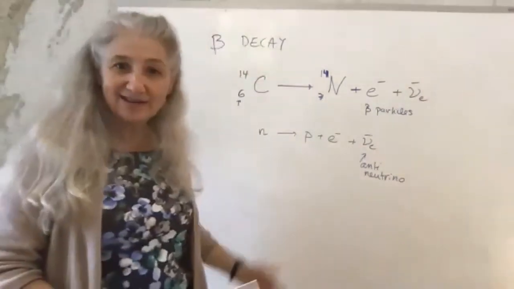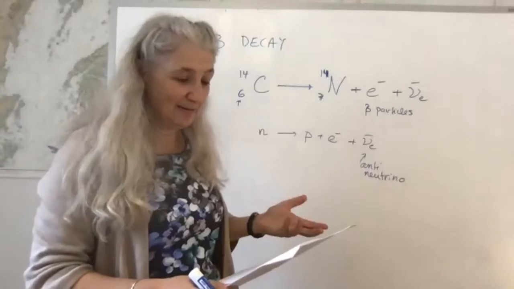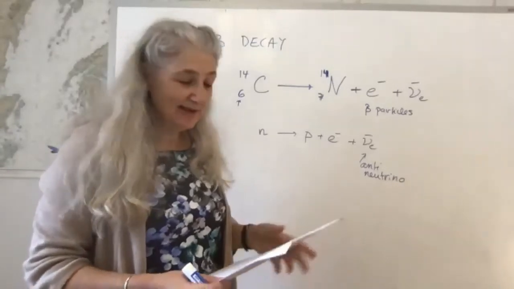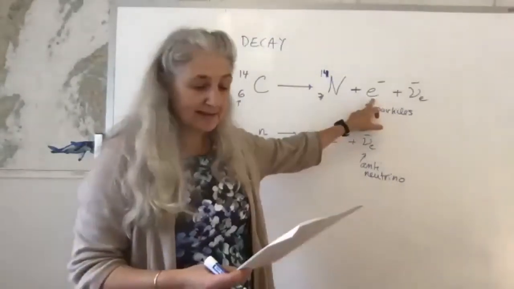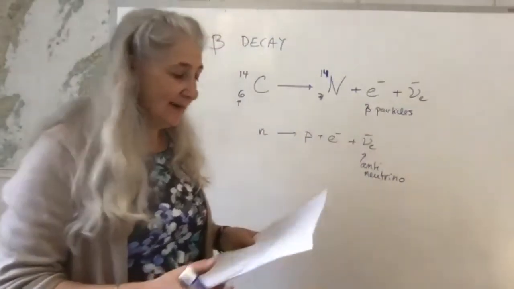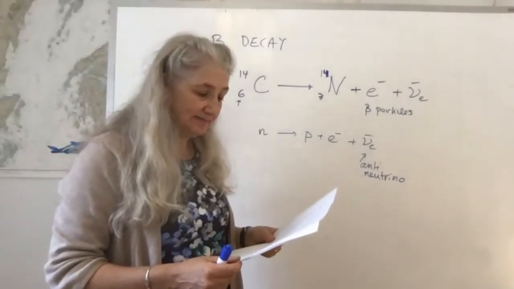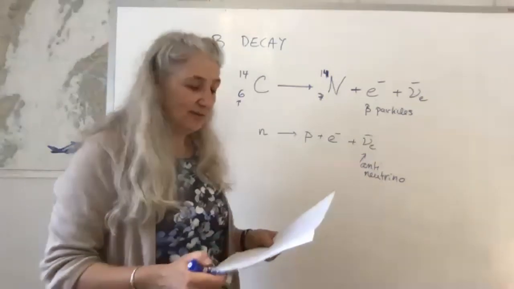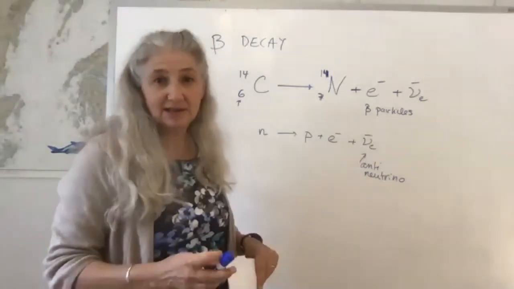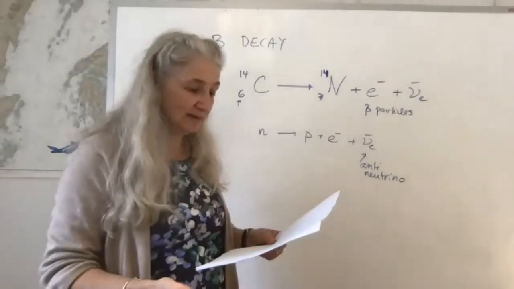So how did they figure out that there was something like a neutrino involved? They were measuring the kinetic energy distributions of the beta particles. Lise Meitner and Otto Hahn in 1911, and Jean Danysz in 1913, saw lines in the energy distribution spectrum.